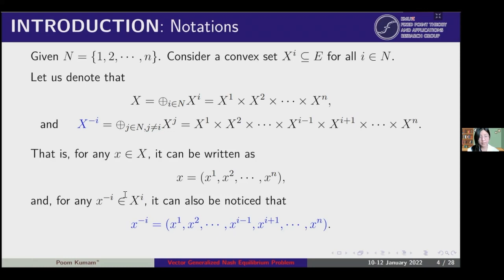So x minus i is the tuple of x1, x2 until x(i minus 1), skipping xi, then x(i plus 1) until xn. So from this notation, we can write x equal to x minus i and xi.